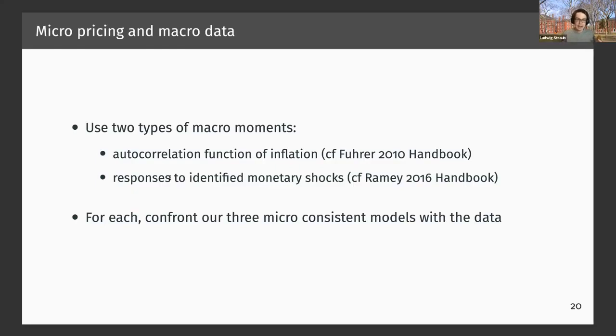And then we're going to see what autocorrelations are implied by menu cost models versus what we have in the data. Okay, and the second thing we're going to do is look at impulse responses of the price level to monetary shocks like Romer shocks, and then see, do these models imply the same kind of shape and magnitude that we have in the data.